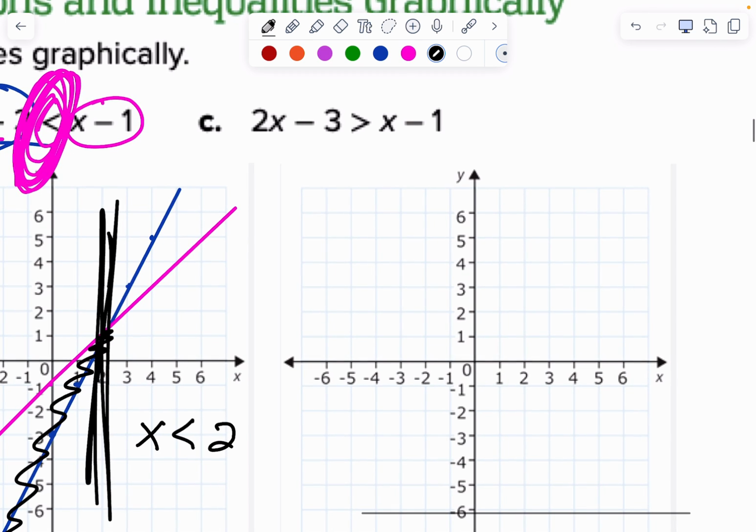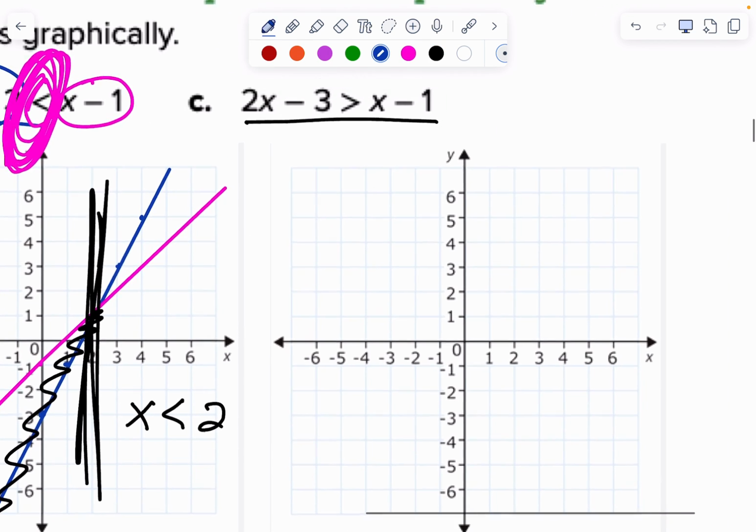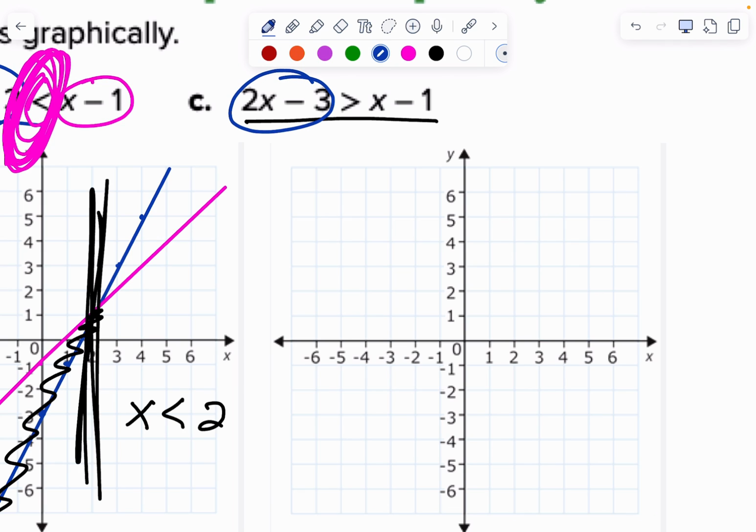All right, now we're going to do this one. And this is, I think, the same thing again. I'm going to go the blue one. Blue one, minus 3, up 2 over 1. Something like this. Right there, like that. The pink one, minus 1, up 1 over 1.